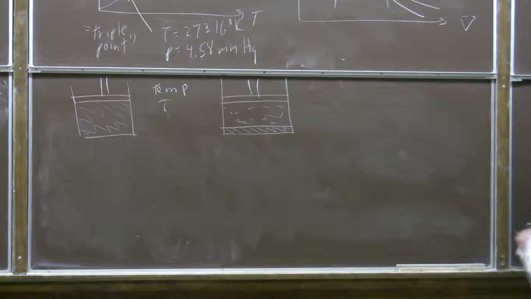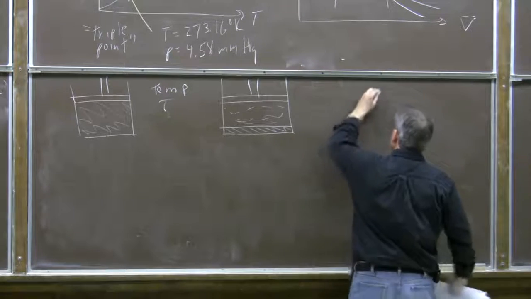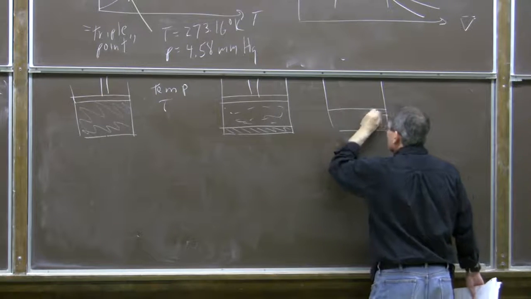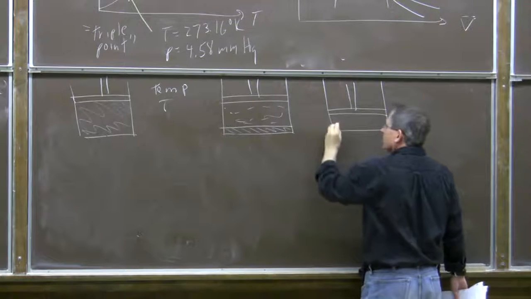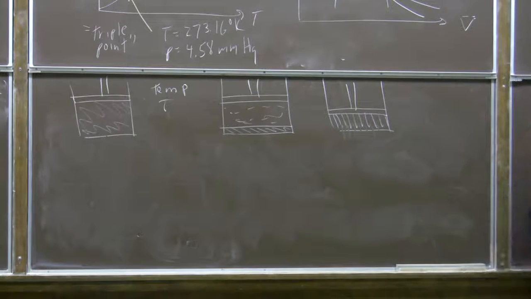And the pressure of that vapor stays constant. It's in stable equilibrium with the liquid until finally I've converted all the vapor to liquid. And there's nothing but liquid here. And then if I try to compress further, the pressure shoots up because the liquid is highly incompressible. Okay?